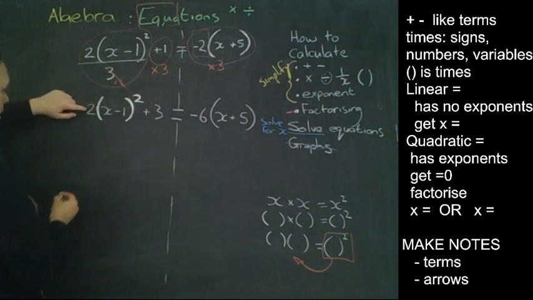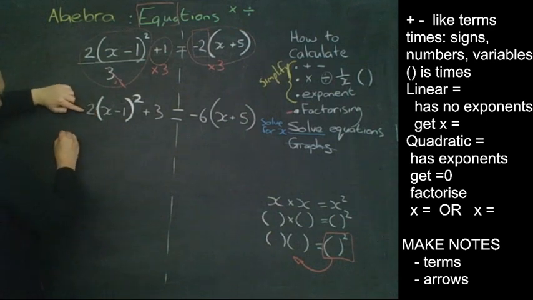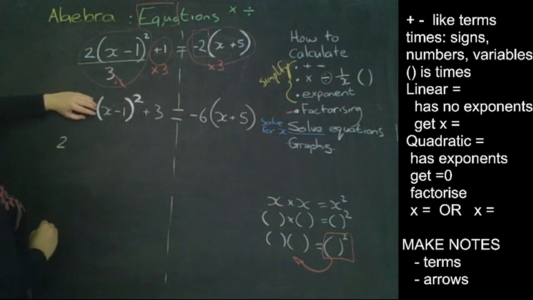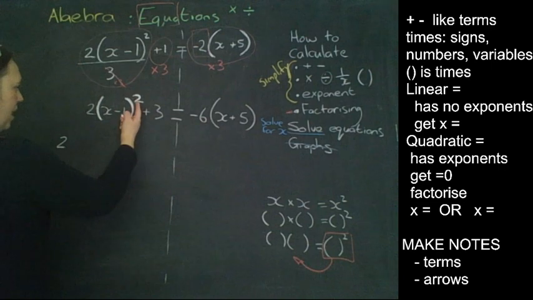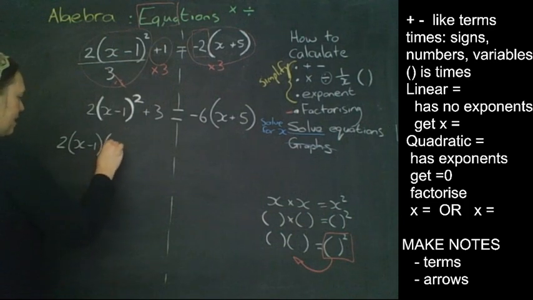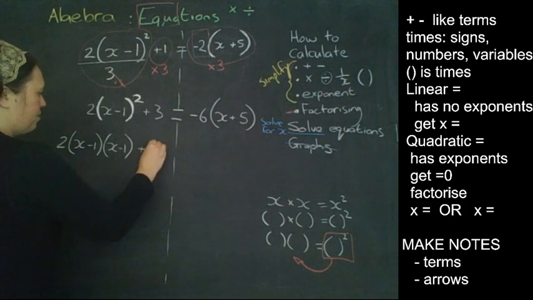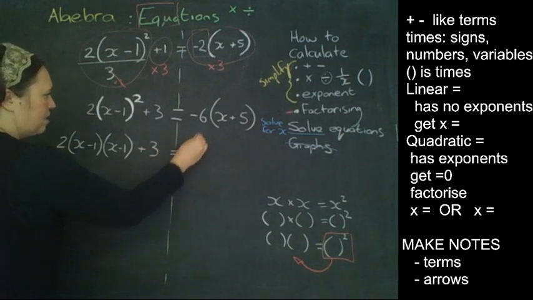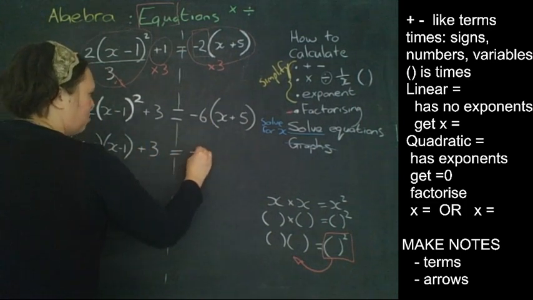So the 2 I'm leaving out for now. Not doing anything with it, so it stays there. That becomes 2 brackets, exactly the same brackets. Plus 3 equals, and this, let's keep it the same.